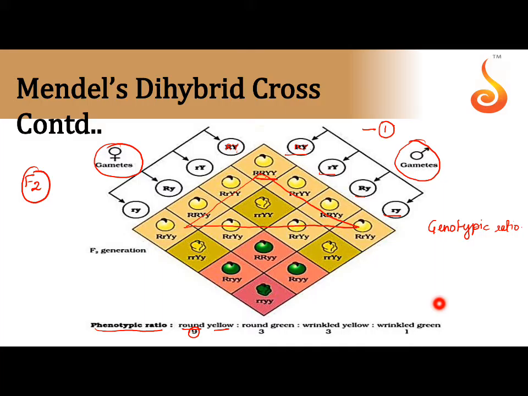This is one of the reasons why the checkerboard is shown in rhombus form. Then we consider round and green. Here in this red zone, 3 of them are sitting. Then you have wrinkled and yellow, these green zones here, again triangle-wise you can see. And the left out part is small r, small y, that is 1.